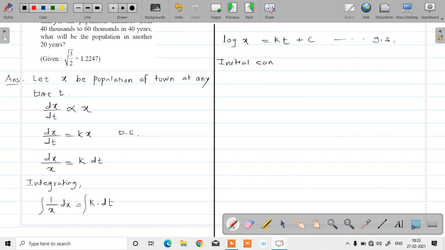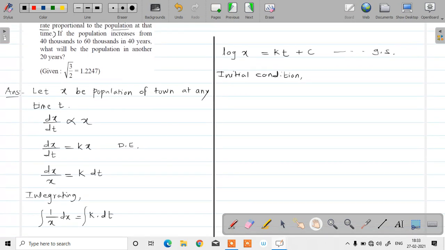So the initial condition is what is given here. If you see this question carefully, it is given in this statement: the population increases from 40,000 to 60,000 in 40 years, meaning after 40 years the population is 60,000, but before that it was 40,000.